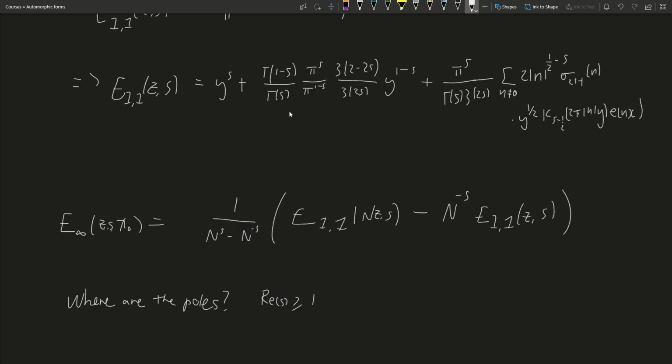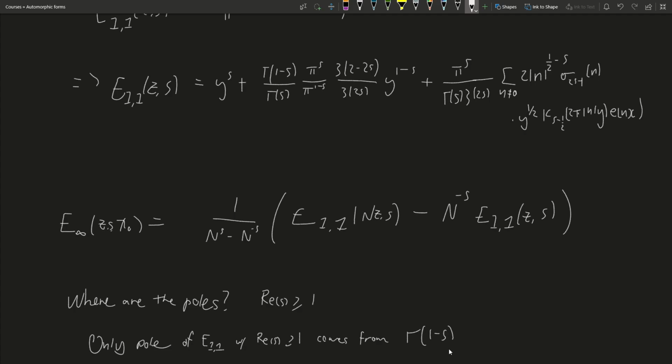So the only pole comes from the gamma of 1 minus s. So the only pole of, I should say, E11, and I'll specify again with the real part of s at least 1, comes from the gamma of 1 minus s.